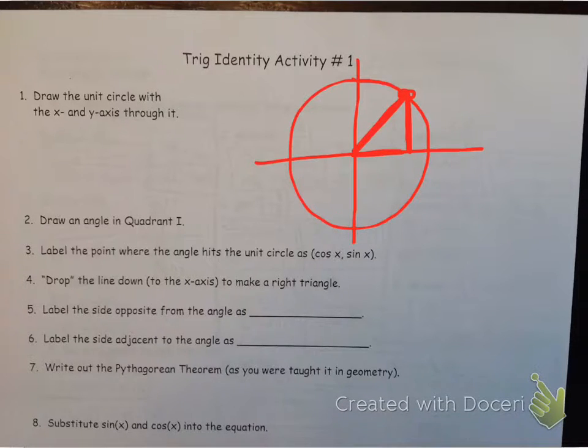Okay, so hopefully you paused the video like I asked you to, and what you should have come up with is that the point where our angle hits the unit circle, like it said, the x-coordinate is cosine and the y-coordinate is sine. And that's because you're inside the unit circle, which means the hypotenuse is 1.